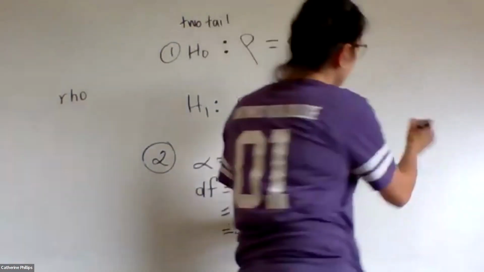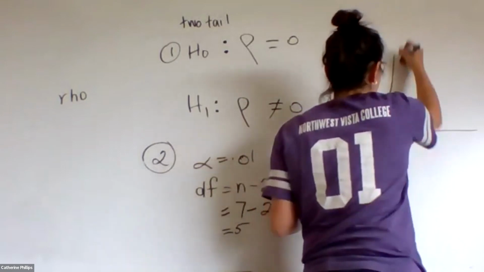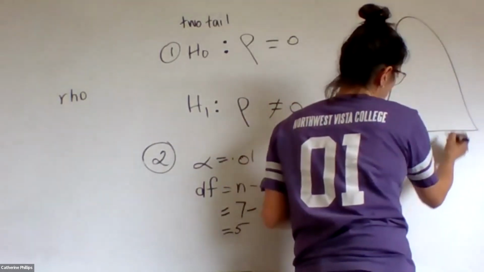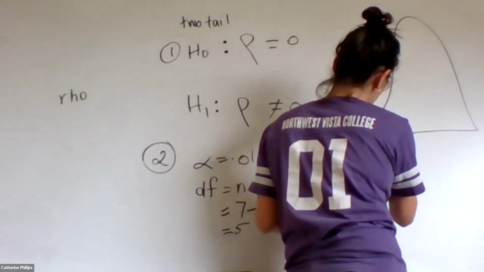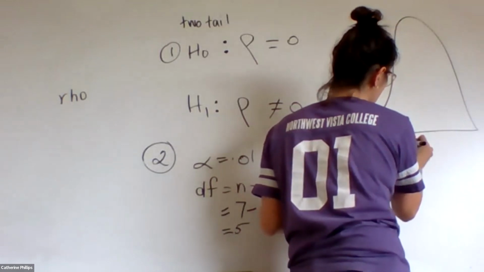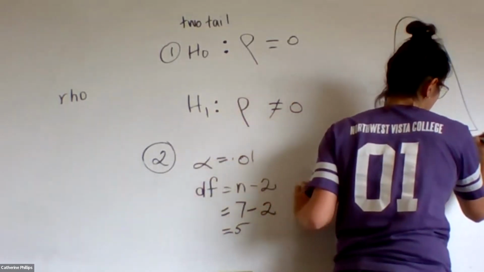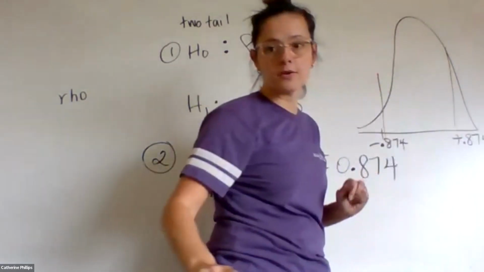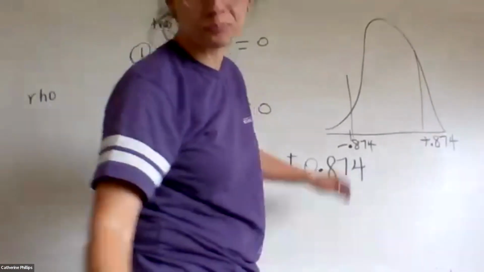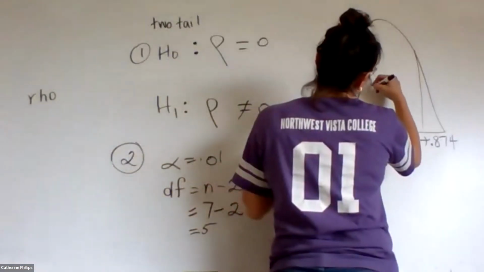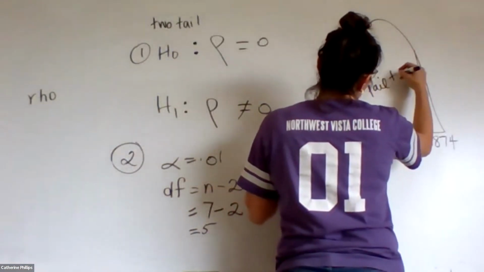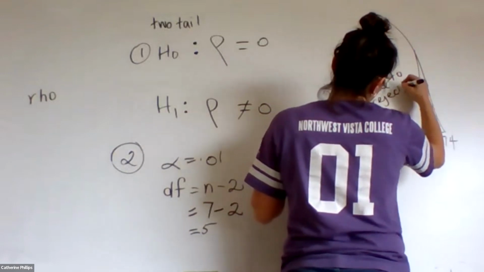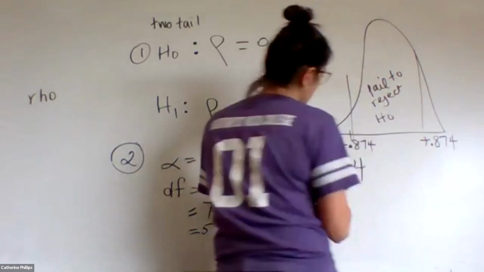So if we look at that, drawing it out, okay, we've got negative 0.874, positive 0.874. These two cutoff values here. Anything in here, fail to reject null.